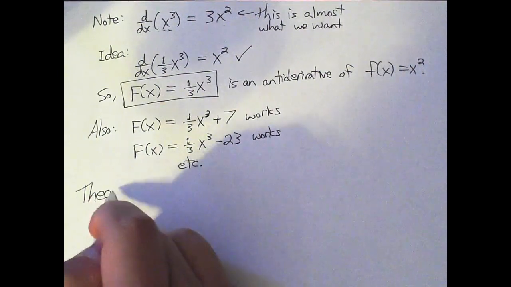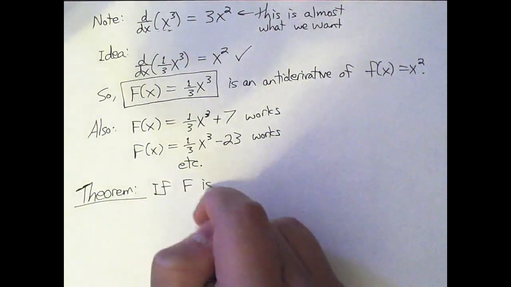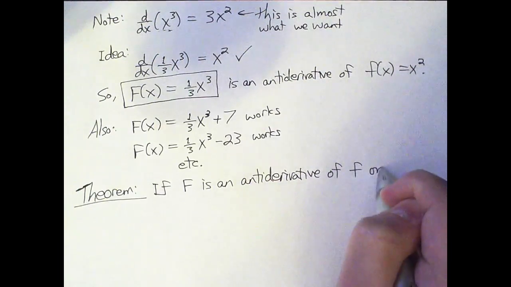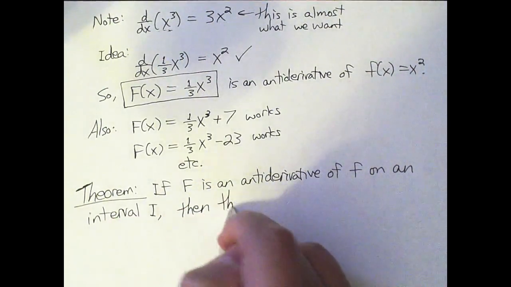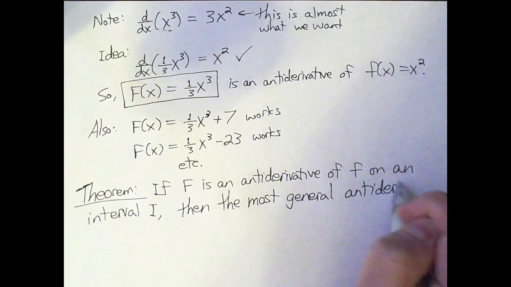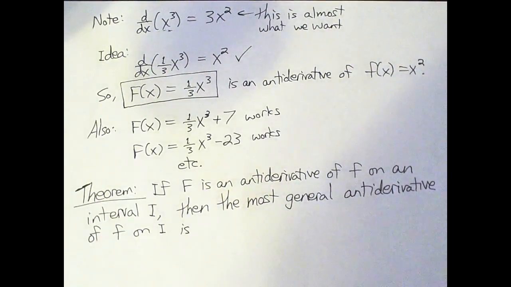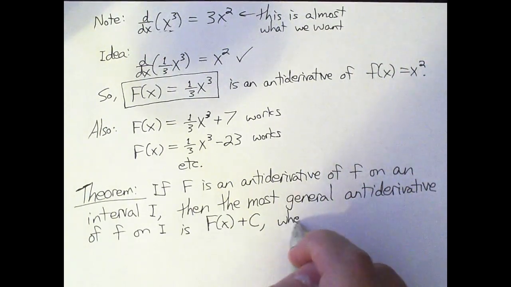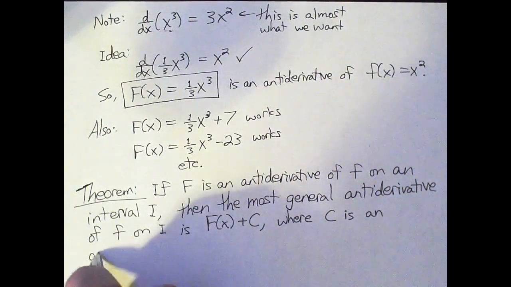Now we have a theorem that's going to explain this. It says, if capital F is an antiderivative of lowercase f on an interval I, then the most general antiderivative of lowercase f on I is capital F of x plus capital C, where capital C is an arbitrary constant.